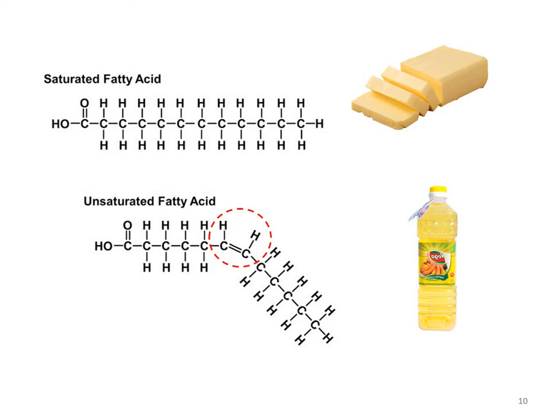Okay, to make things clearer, we use an example: saturated fatty acid versus unsaturated fatty acid. So you look first at the saturated fatty acid here. All the carbon atoms are fully bound to hydrogen atoms, so you call it saturated because of that, and all the bonds between carbon atoms are single, and the hydrocarbon chain has a straight shape.